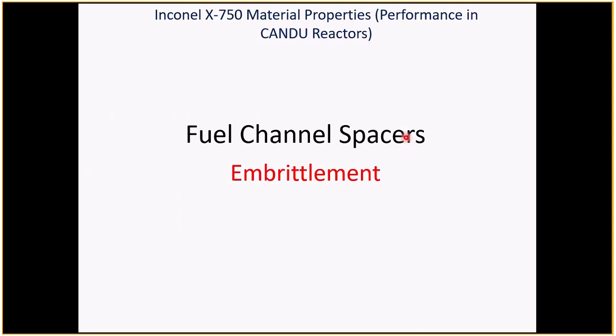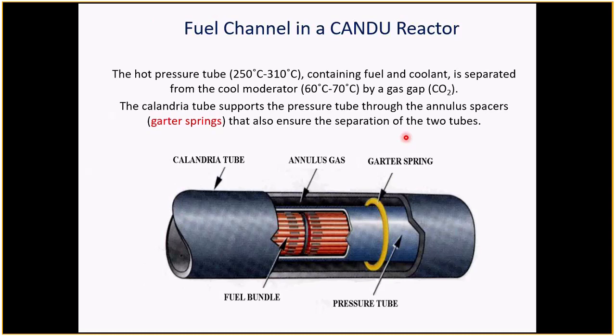So what happens to our flux detectors? What are we looking at? Embrittlement. There's a spacer, Inconel spacer, surrounding a hot fuel channel. Insulating gas gap that separates the cooled moderator from the hot pressure tube.